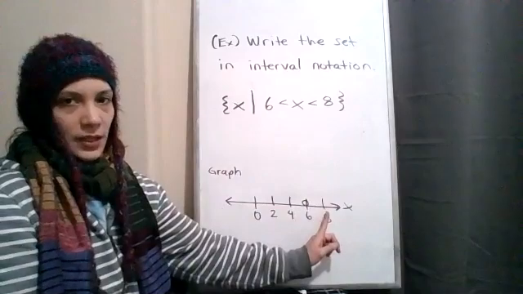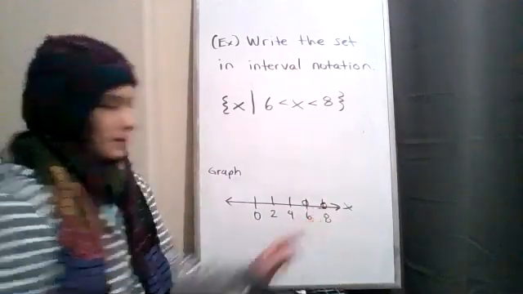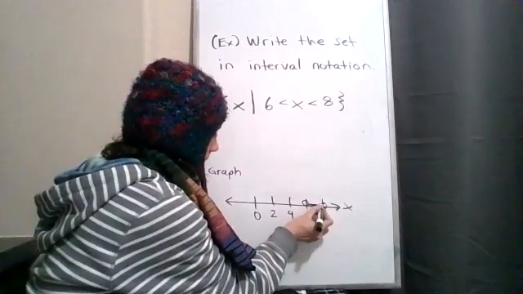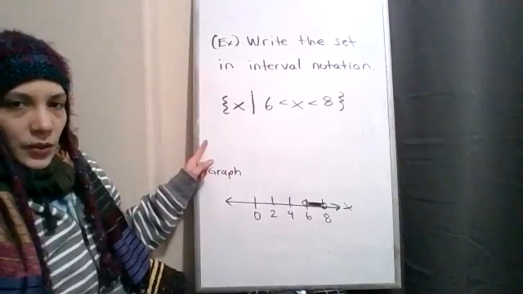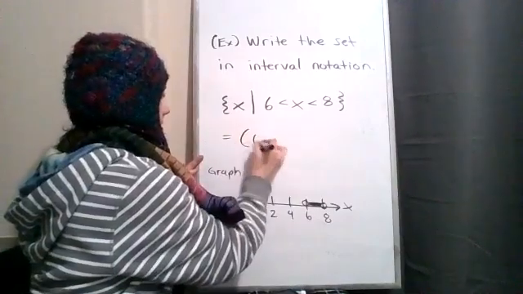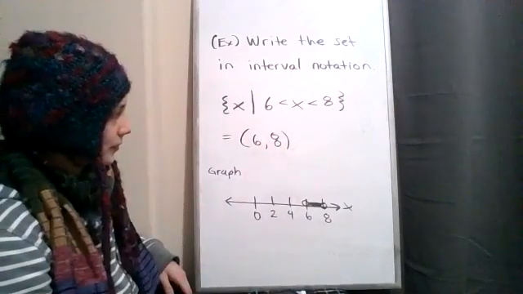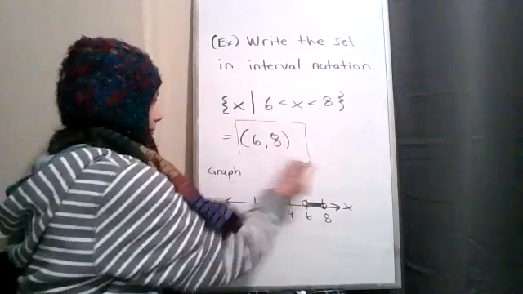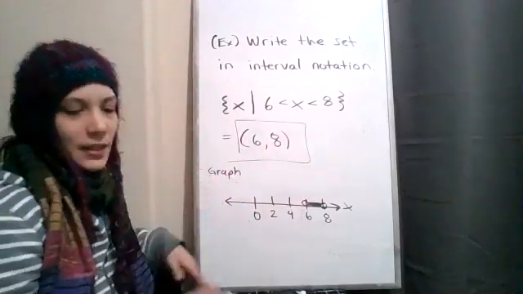Also not including 8. But all the values in between. So you go from 6 to 8. Parentheses. I think that's the answer. I like to put a little circle around my answers.